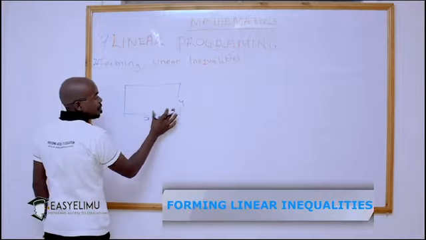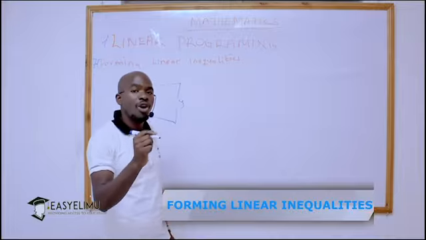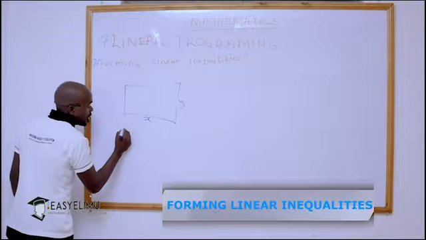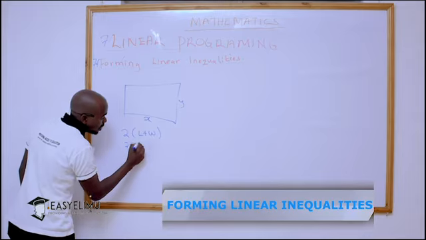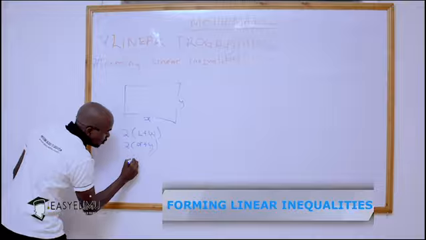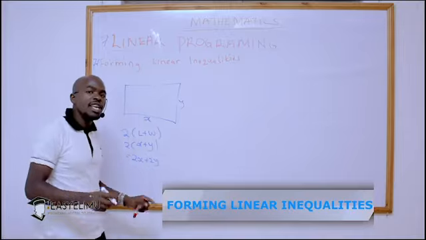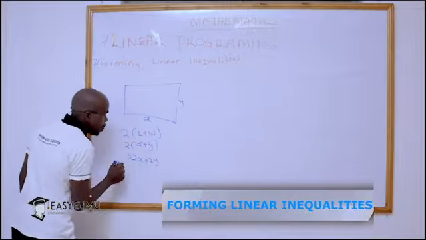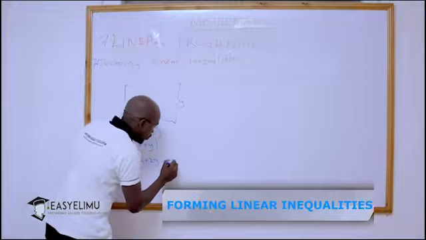We know the perimeter of a given figure is the distance around that figure. So here the perimeter is 2 times length plus width. Our length is x plus y, which is our width, so we get 2x plus 2y. But we have been told it is not more than 10 centimeters, so this will be less than or equal to 10.